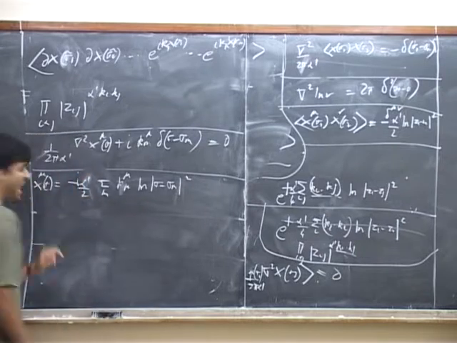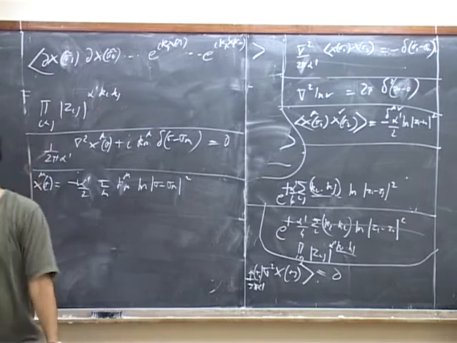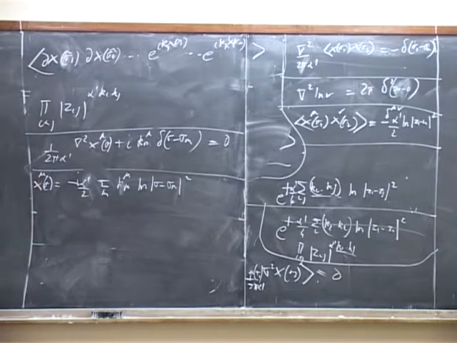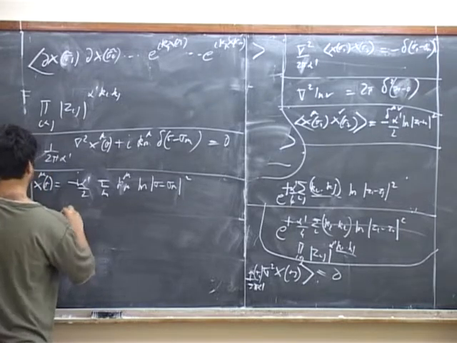So if we want del x mu now, just what this object is on the solution to the equation of motion, we differentiate this. So what do we get?